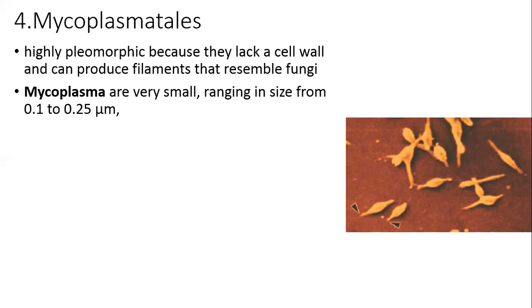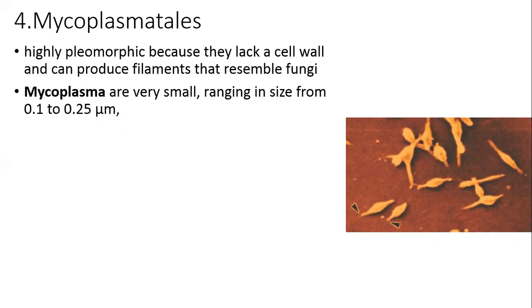Now, one question is: if they lack a cell wall, then how are they placed in the gram-positive organisms? Because the decision of where to place an organism as gram-positive or gram-negative is based on cell wall chemistry, that is, whether the cell wall shows a gram-positive or gram-negative reaction.